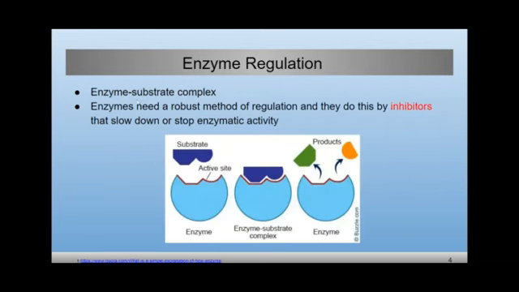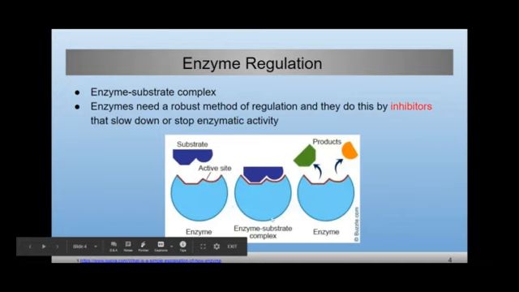So here we see the formation of an enzyme substrate complex, where there's the enzyme and the active site and a substrate binds. When it binds, you get the formation of the complex. And then eventually, soon afterwards, you get the formation of products from the substrate and the enzyme. And this is done by several chemical reactions.